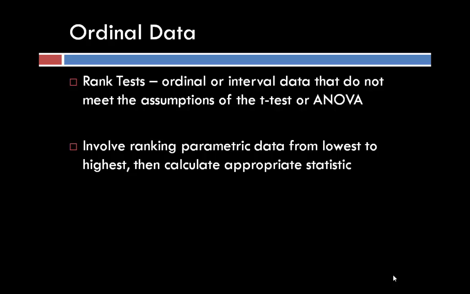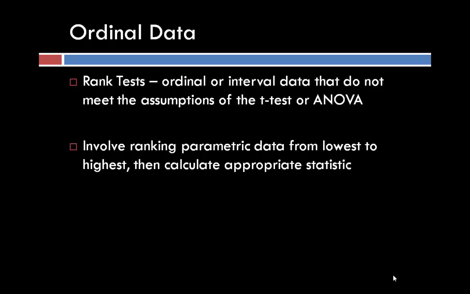In general, for ordinal data, we use rank tests, which are used for the analysis of ordinal data or interval or ratio data that do not meet the assumptions that we would need for the t-test or ANOVA. And rather than using the values of observations themselves, rank tests involve ranking parametric data from lowest to highest, then calculating an appropriate statistic.